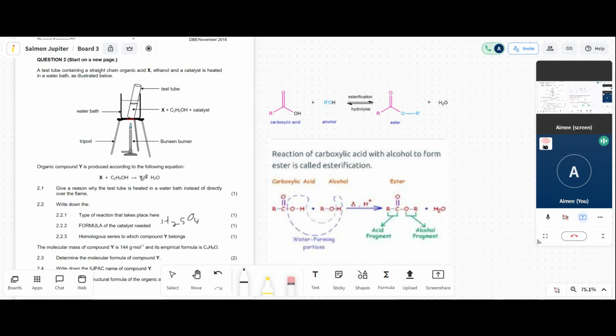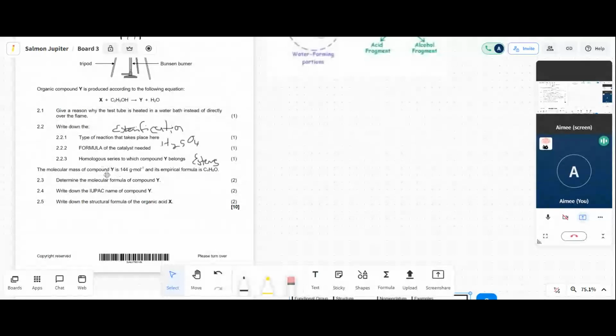The way that we do this is they've said that the molecular mass of the actual compound is 144 grams per mole. So we fill out our formula.